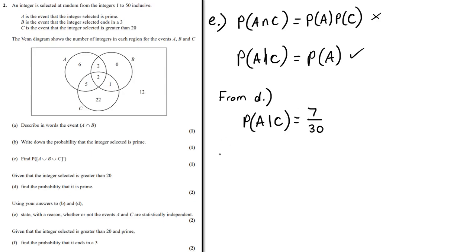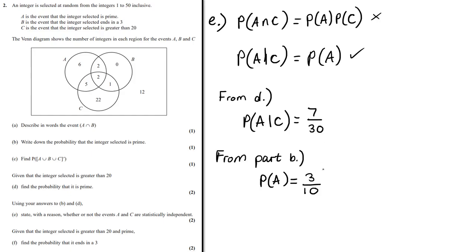And from part B, we need the probability of A, so we got that from part B. And the probability of A is equal to, if you simplify this, 3 over 10.